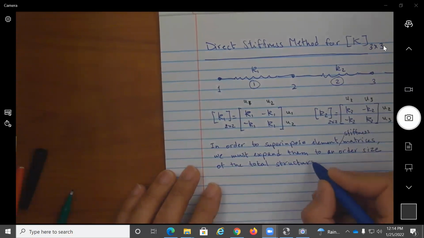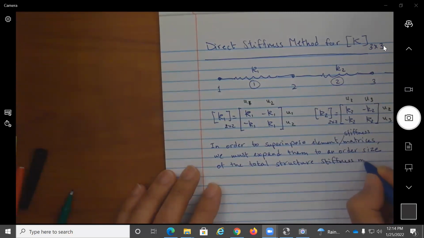And here will be the total structure stiffness matrix K.